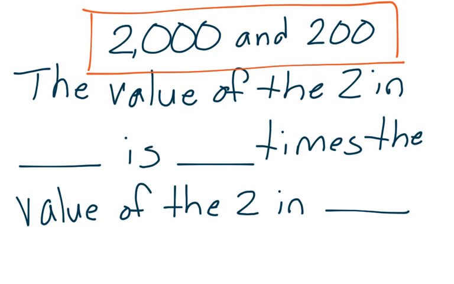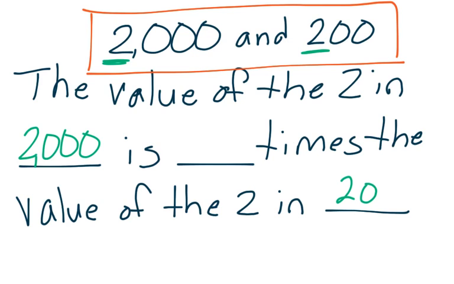Our first objective is to figure out which value of the 2 is greater. So is this value or this value of that 2 greater? Because we're just looking at that 2 and that number, it doesn't take a lot of work for us to figure out which one's greater. So the value of the 2 in 2,000 is blank times the value of the 2 in 200.